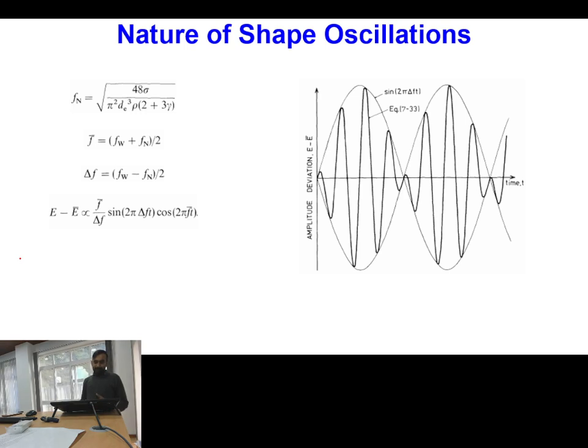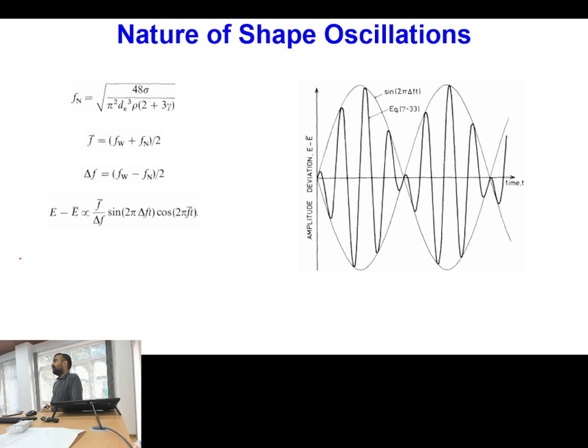Then if you have to see the nature of shape oscillations, again there is no theoretical analysis available, but people have tried a spring-damper analogy in order to determine the shape oscillations theoretically.